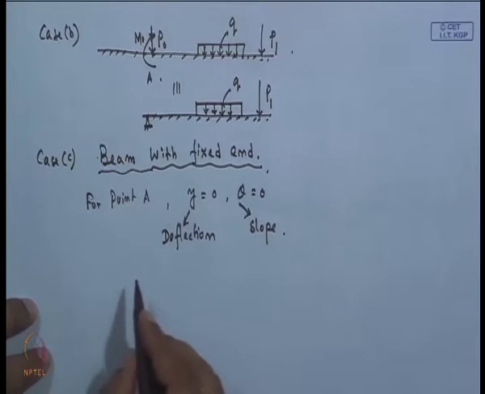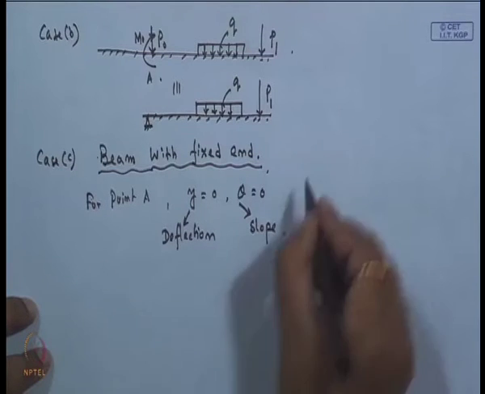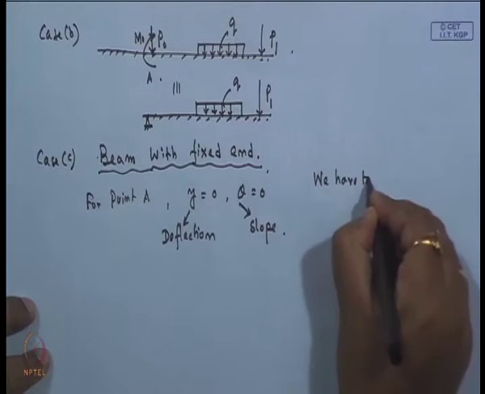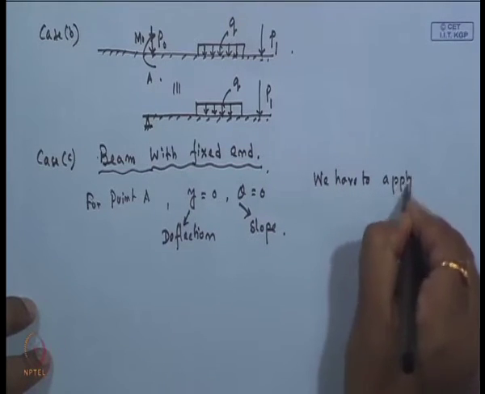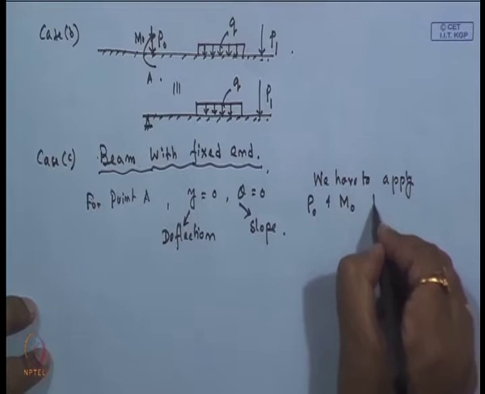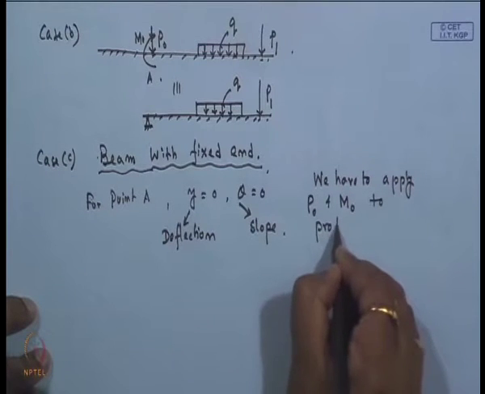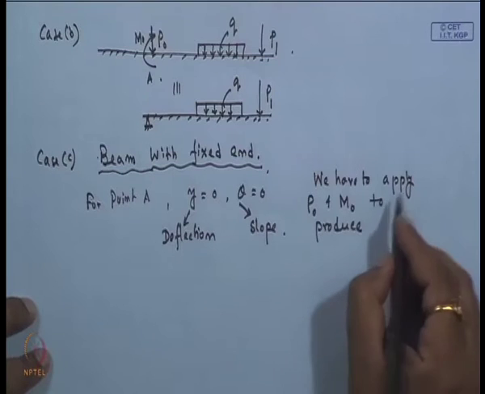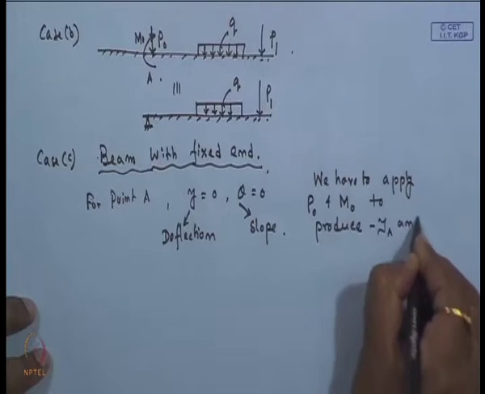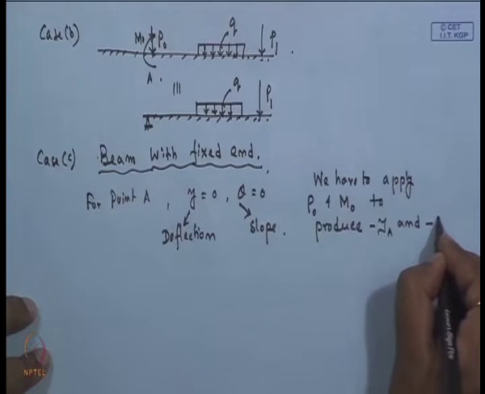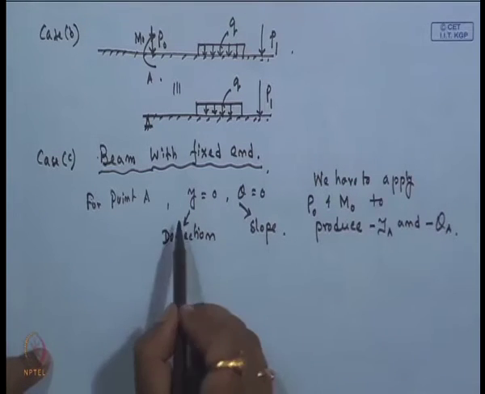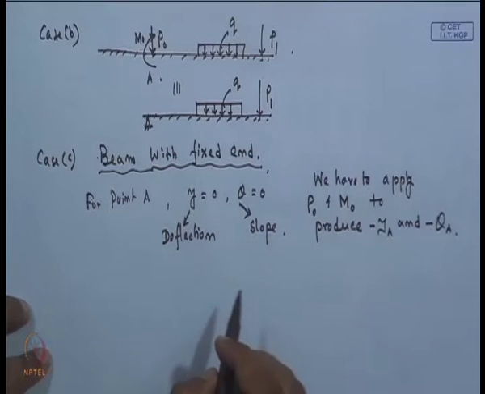Now we have to apply again P 0 and M 0 to produce minus y A and minus theta A, so that the net deflection and slope will be 0.